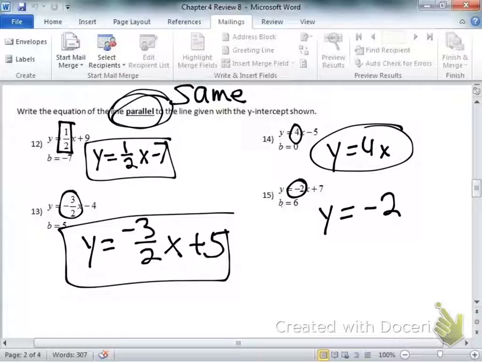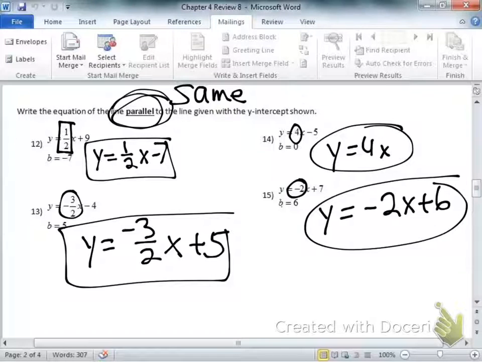And then 15, y equals negative x plus 6. So again, you just take the slope from the old equation, write a new equation with the new b. That's for parallel. Don't start flipping and changing signs until you get to a problem that says perpendicular. Yes, very good. Any questions on the parallel section? These are so easy, that's why we went so quick.